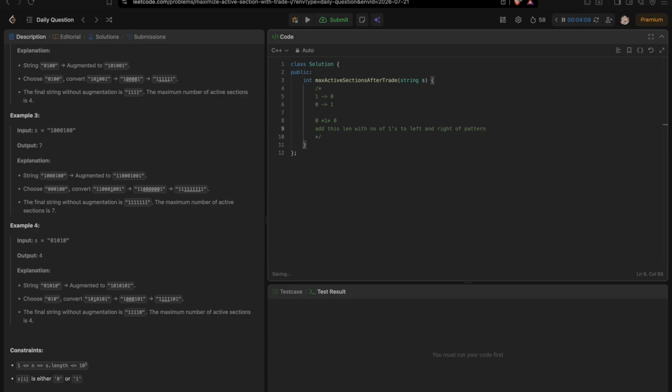So now the key challenge is how do you find that pattern, right? Let me think. If we get 0, till we find the next 0, we can increment so that we'll get the length. This makes sense, right?